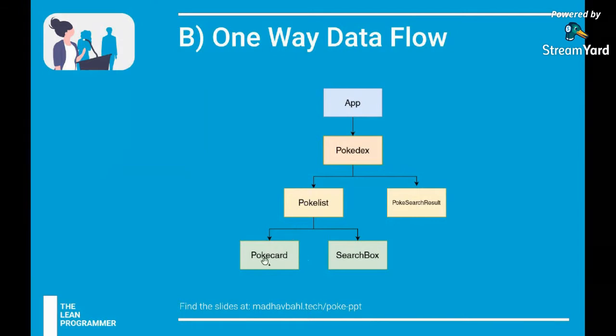We will just make a callback method which will get triggered inside our app, and then using that callback, we will update the state too. So basically, based on our search, we will make a callback to app, and based on that callback, it will update the state. And after the state is updated, it will again update the number of Pokemons, and then Poke cards will be displayed. I'm going to show you something really magical now.